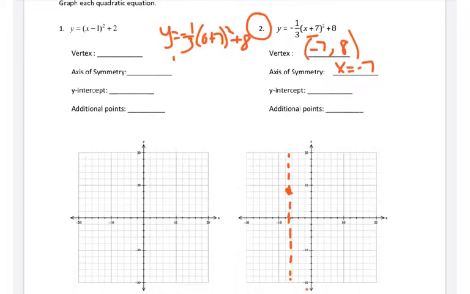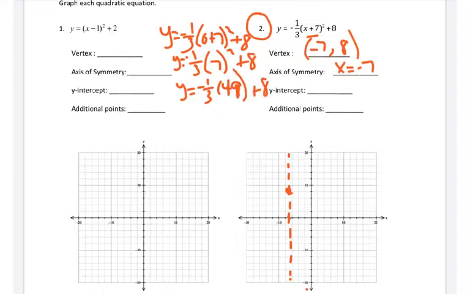So y equals negative 1/3 times 7 squared plus 8. 7 squared is 49. y equals negative 1/3 times 49 plus 8, which is negative 49 over 3 plus 8.